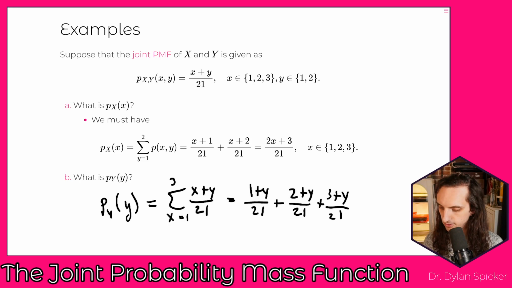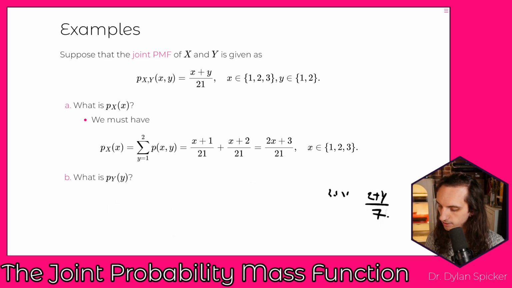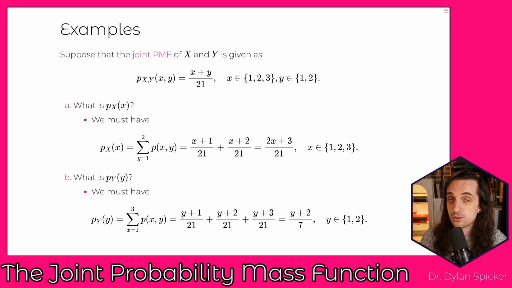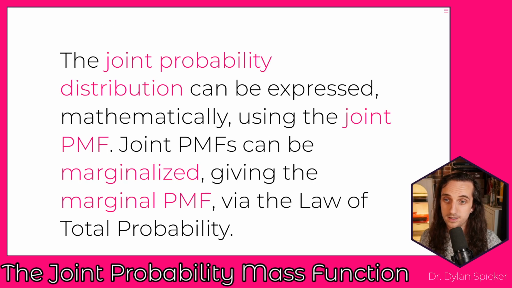If we collect those up, you have (6 plus 3y) over 21, which is simply (2 plus y) over 7, and y is either 1 or 2. Again, walking through that process of marginalization, if you want the marginal PMF of y, you sum over the joint with respect to x. Simplified, that's (y plus 2) over 7, where y is either a 1 or a 2.